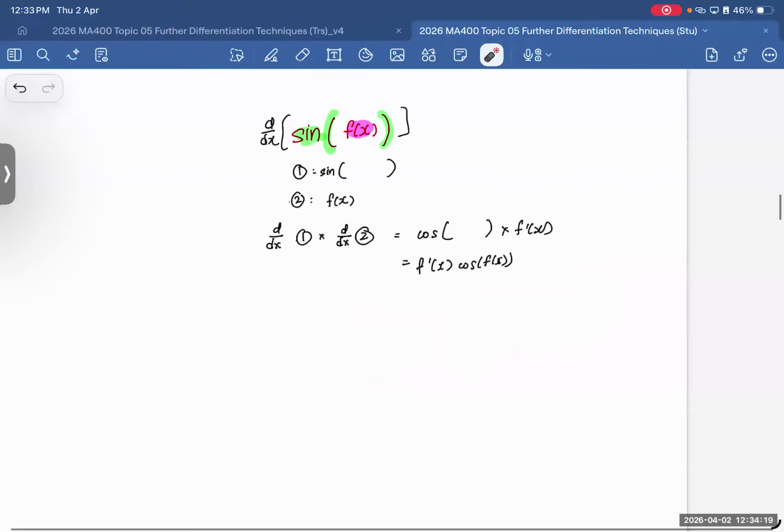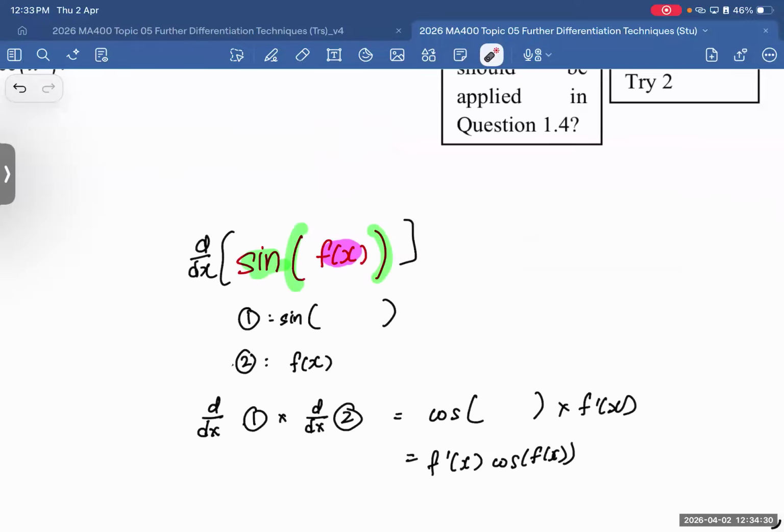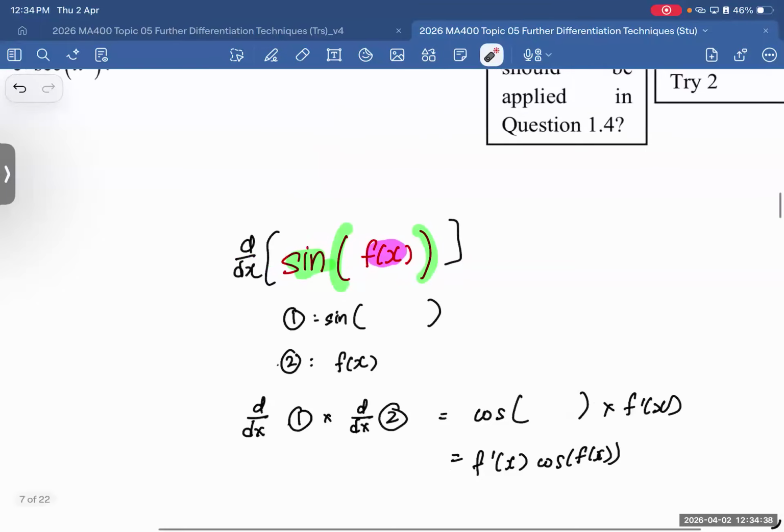I'll go through the first layer first. The first layer is sine, and inside is f(x). The idea behind the chain rule is we go layer by layer. You differentiate the outer layer, differentiate the inner layer, then multiply together. Sine of something gives cosine, the inner layer gives f prime, then you multiply together. So far, okay?